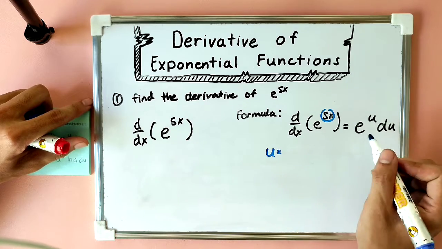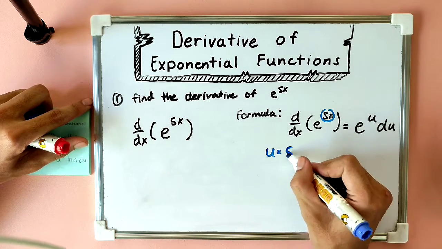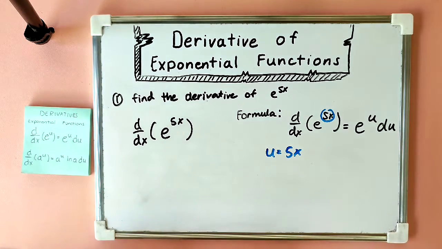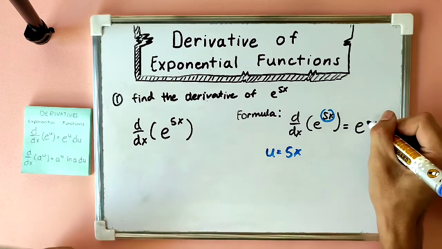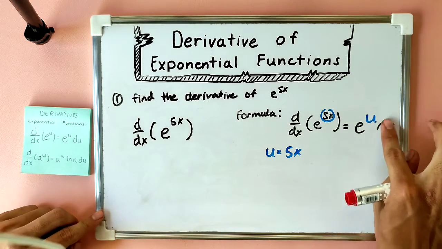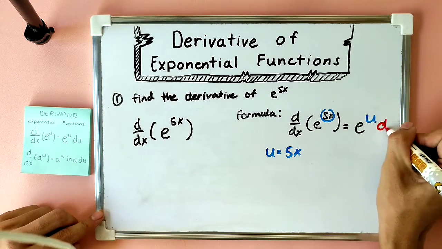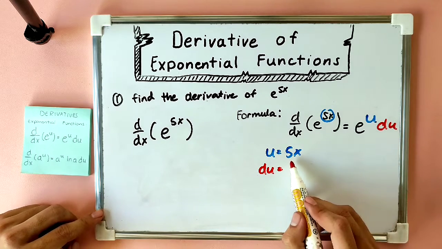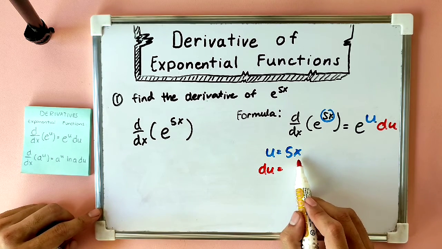So ito yung u natin. U is equals to 5x. Palitan na para makita ng maayos. Then the derivative, ito du. So i-derive lang natin yung u natin which is 5x.